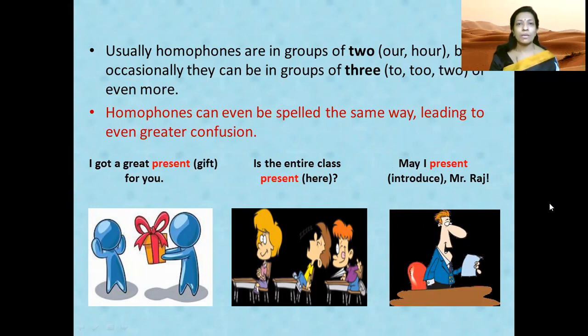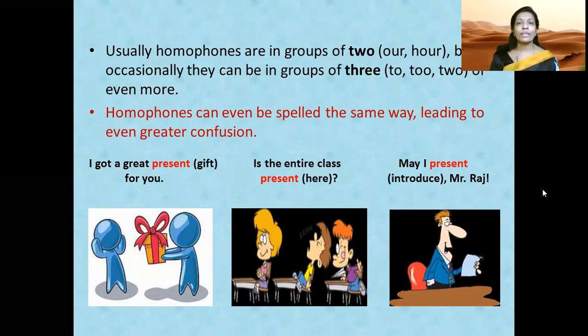But sometimes they can also be found in groups of three. For example, TO, TOO, and TWO. This is a group of three words which all sound exactly the same but have different meanings.